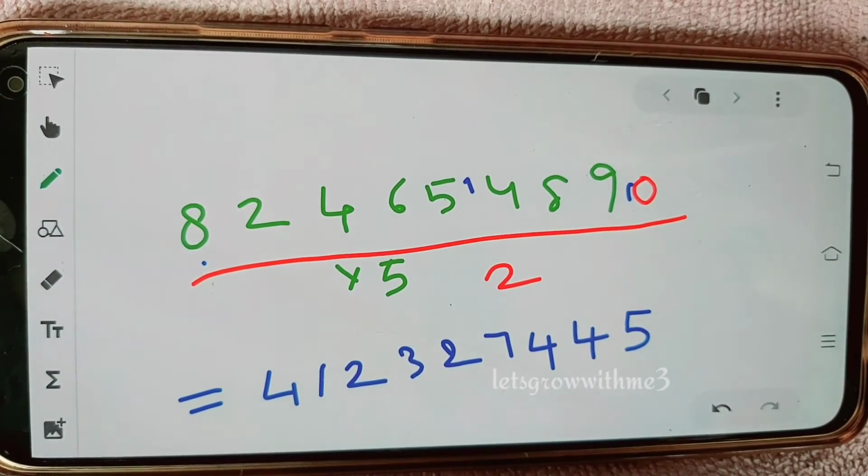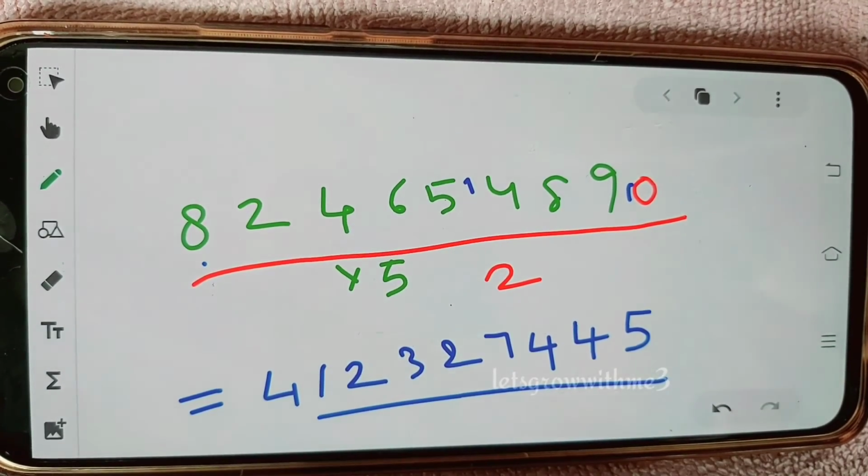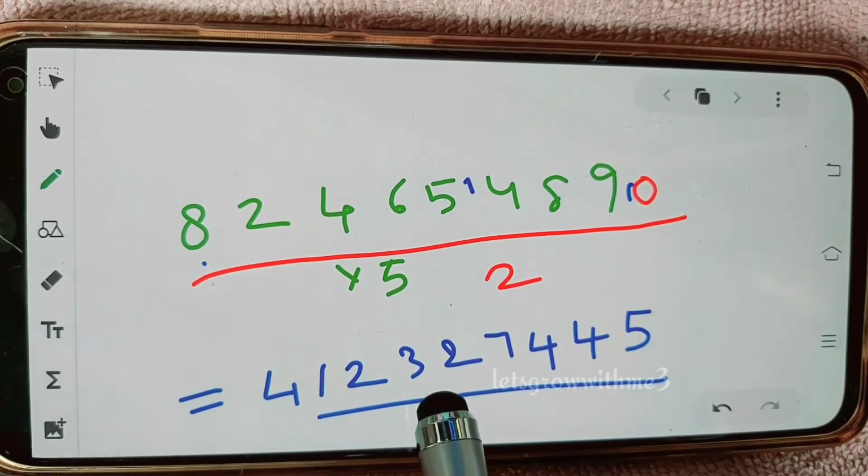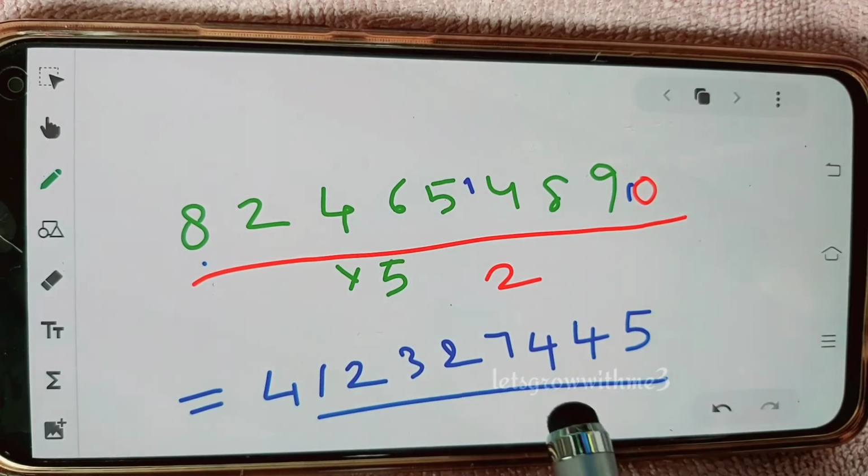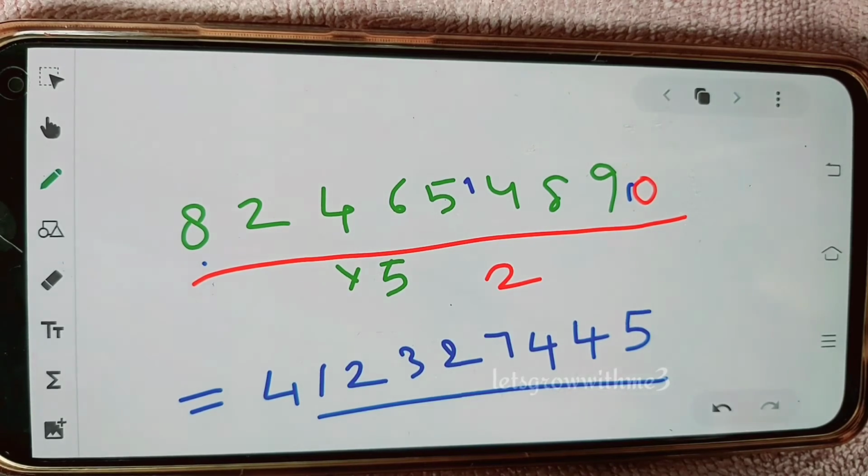Wow, see how big it is. Still we are able to do it in a fraction of seconds. So let me read this value, 412,327,445.